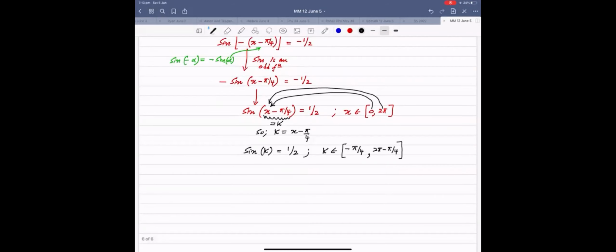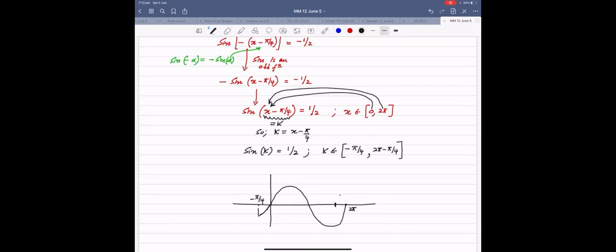Then sine graph, right? So just draw it. Sine is like this. A little bit here, because minus pi divided by 4, right? And then this is 2 pi.